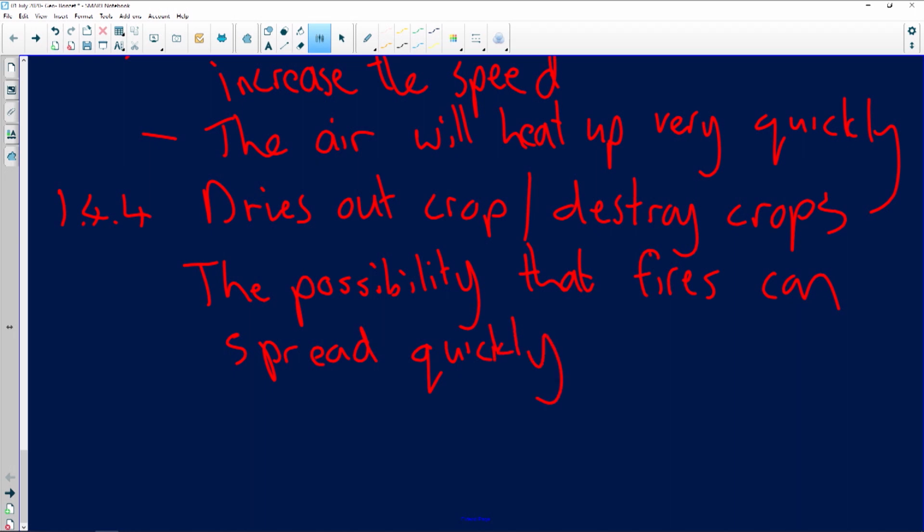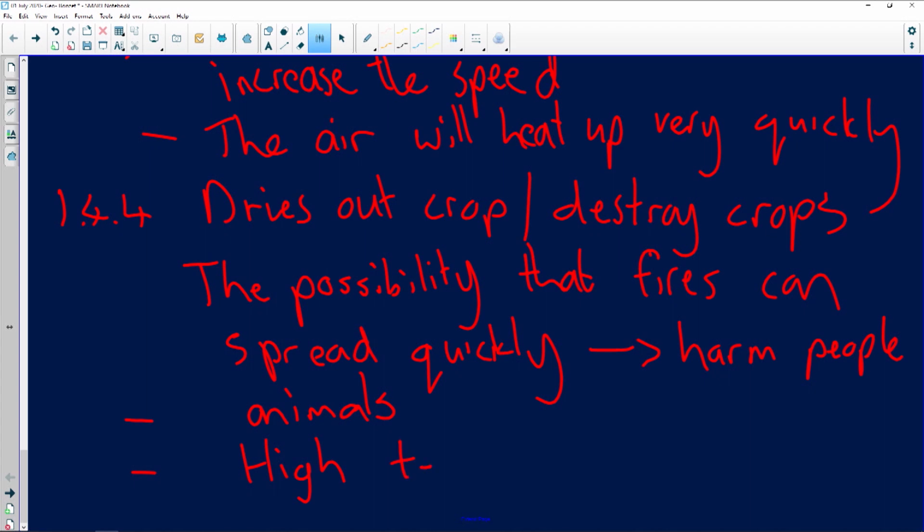And we can also mention these fires can harm people and also animals. And lastly, from a health point of view, high temperatures can cause hydration issues.